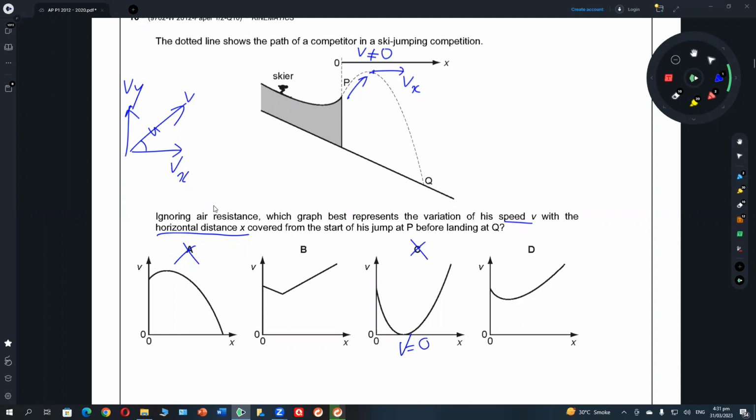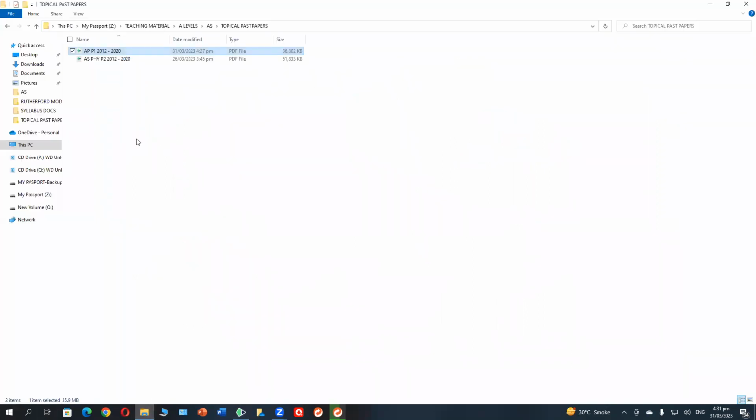Now, how do we know? Do you remember the formula for velocity? V is equal to the square root of... Do you remember this formula? This is actually the Pythagoras theorem. This is the formula for the resultant speed of the projectile motion.